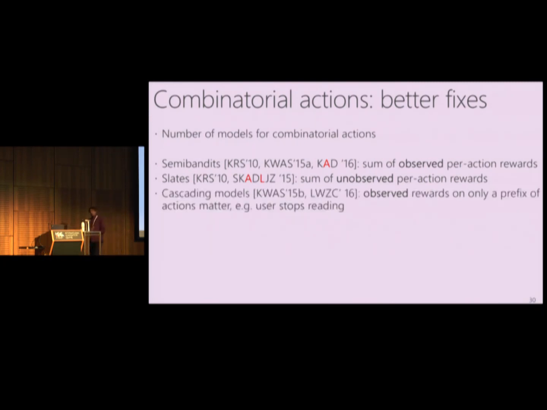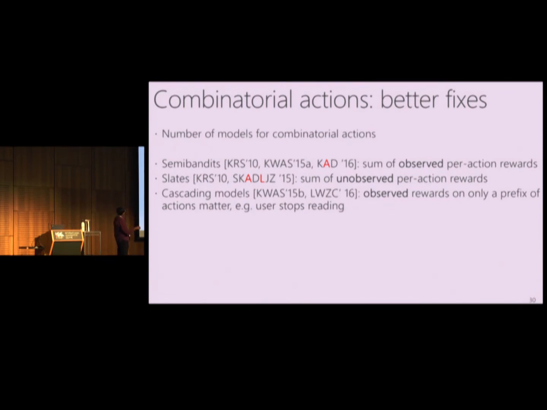The third class of models which people have looked at are so-called cascading models. It's really like semi-bandits, but thinking a bit more about ranking applications and how the user might actually be interacting with the set of ranked results. So maybe the user browses the list until some point, and then if they don't find what they're looking for, they get bored and they abandon.